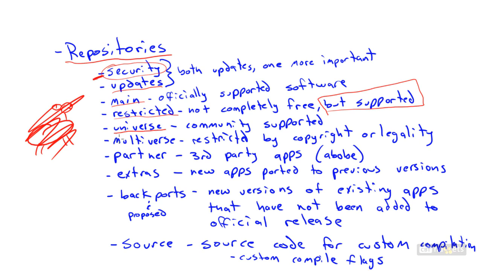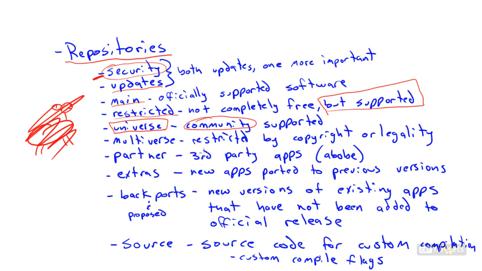Okay, so if there's something in the Universe repository that all of a sudden a security flaw has been found, it's not going to be updated with the same panache and the same urgency that something in the main repository would be updated into the security repository. It will probably get addressed, but again, it's by the community. So the community is going to be addressing those updates. That's just something important to know about Universe. Maybe you don't want to have that repository activated on a production server that you need to have support for immediately.